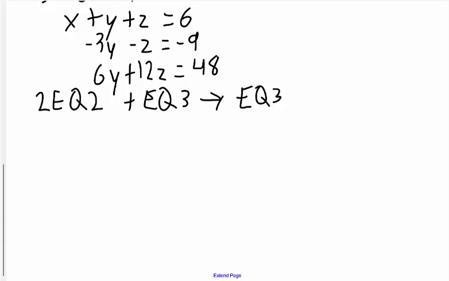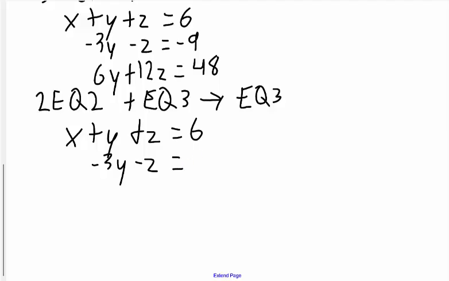So our first one is still x plus y plus z equals 6. Our second equation doesn't change. Negative 3y minus z equals negative 9. Our third one will, so we multiply the second one by 2. So let's just do that. Negative 6y minus 2z equals negative 18.